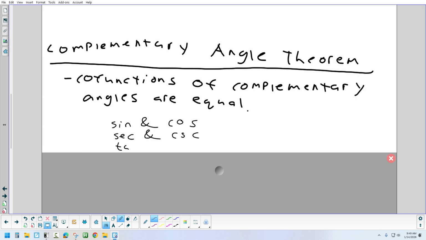And the co-function of tangent? Cotangent. Those are the pairs of co-functions. Now, if I asked you for the co-function of cosine, don't say cocosine. That's not a thing. The co-function of cosine is sine.